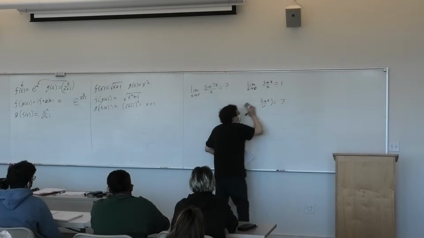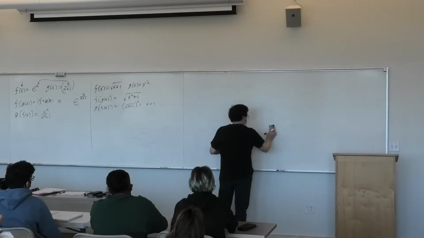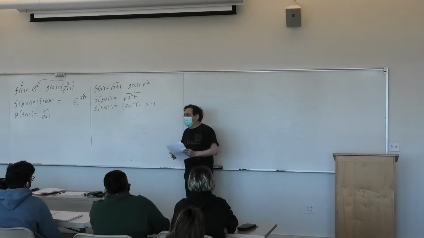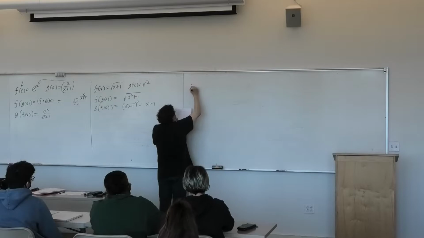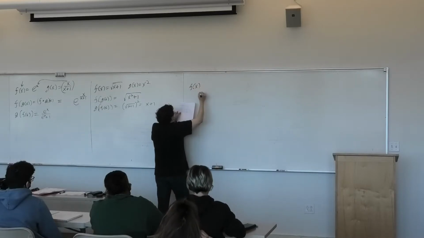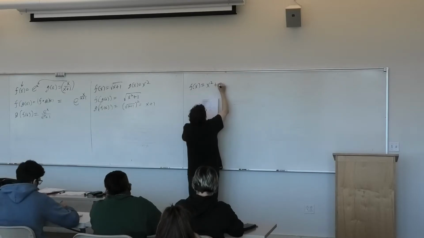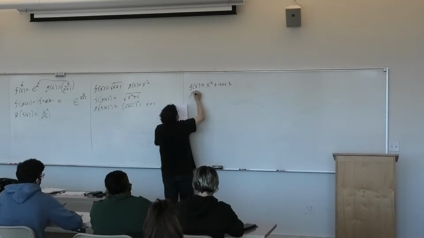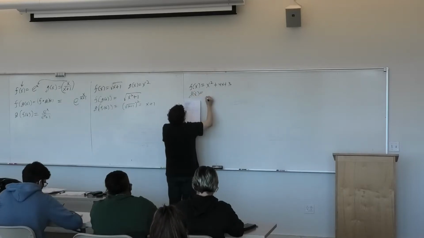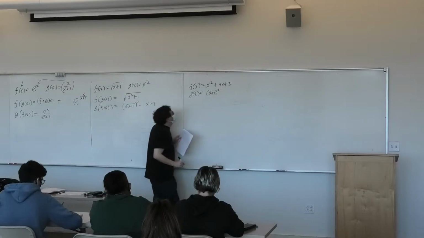Maybe this is enough. We don't always have a mixed kind of function. Sometimes it's just hard work. Let f of x equal x squared. This is just going to be polynomials. And g of x equals x plus 1 squared.